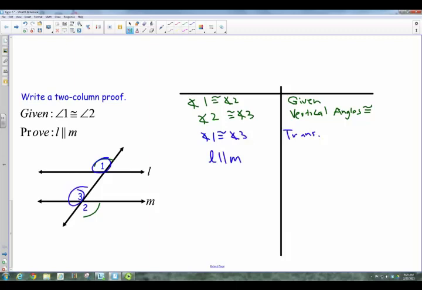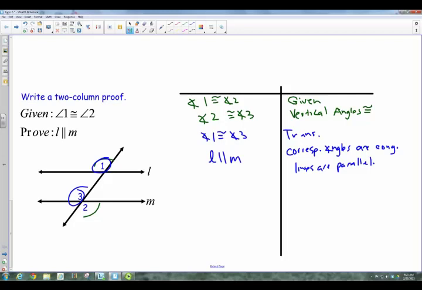Angle 1 and angle 3 are congruent, which means corresponding angles are congruent, so the lines are parallel. All of that is really the converse of the corresponding angles theorem.